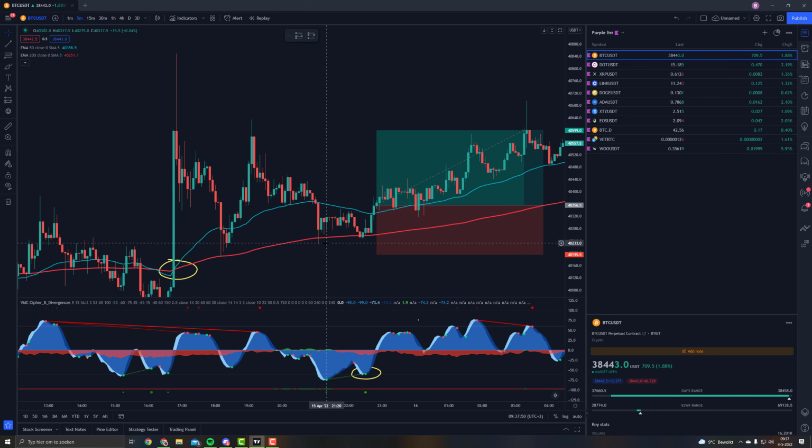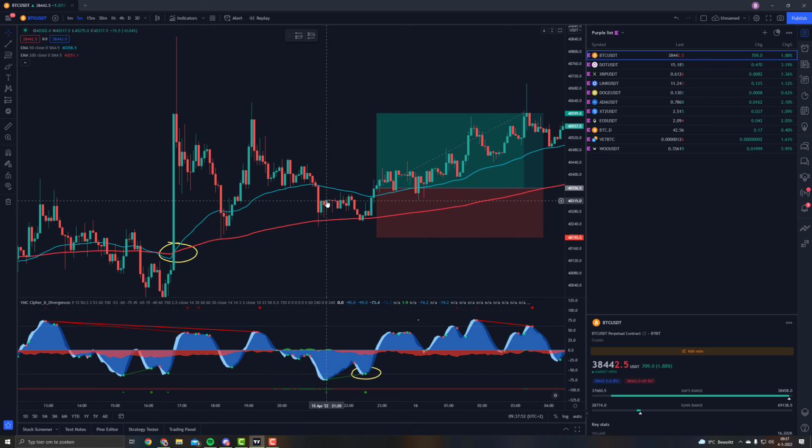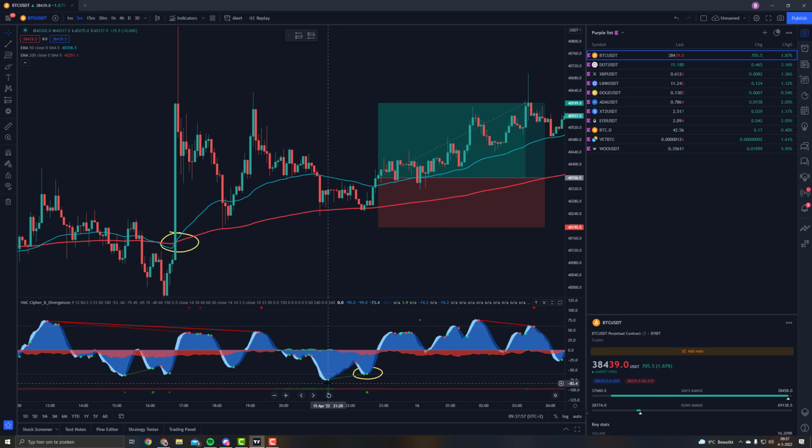So this one right here, this could also have been a trade, because you have a green dot right there, and the money flow index is in the green, but it takes a long time until it closes back in, and just before it closed back in you had the divergence.